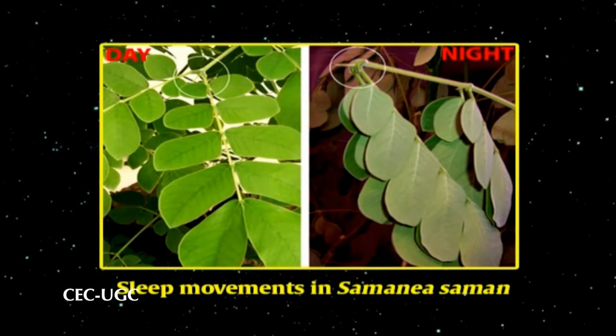The nyctinastic movements are quite noticeable in leaves that exhibit a differential position during day and night. In many plant species, typically the leaves or leaflets are in horizontal or open position during the daytime and assume a more vertical or closed orientation during night.